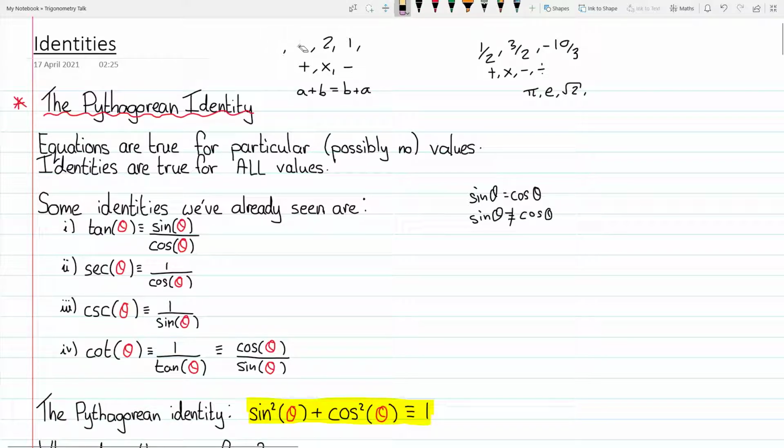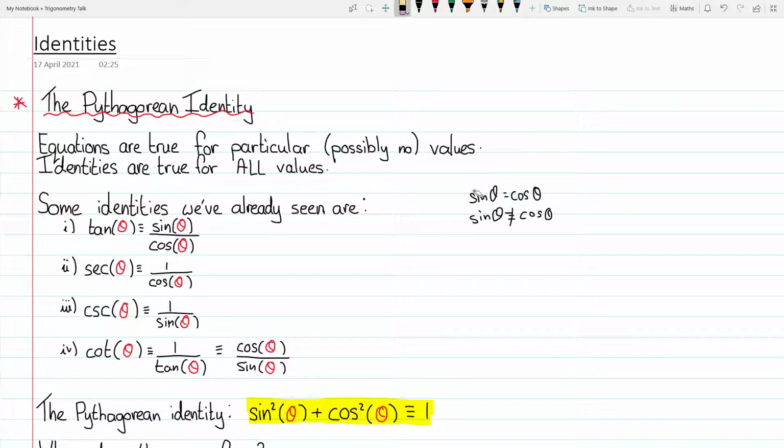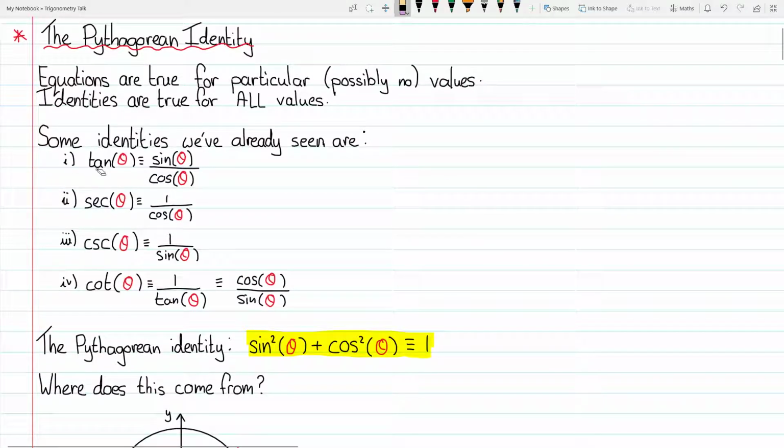Now this may seem a little bit complicated at first. I approached this from quite an abstract perspective, but we've actually seen some identities throughout these last couple of videos. I mean, we know that the tangent of any angle is identical to the sine of any angle divided by the cosine.